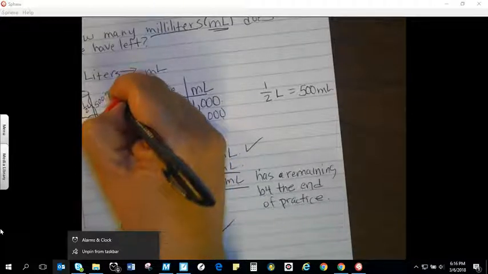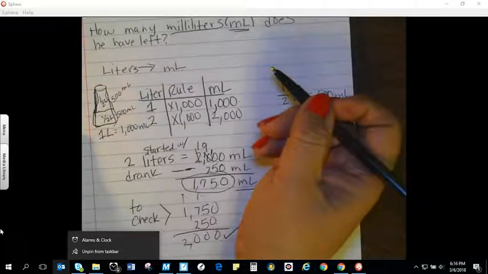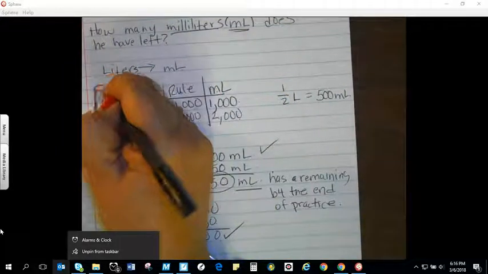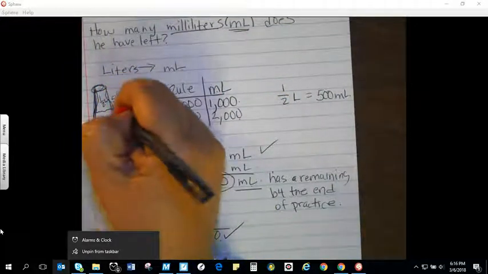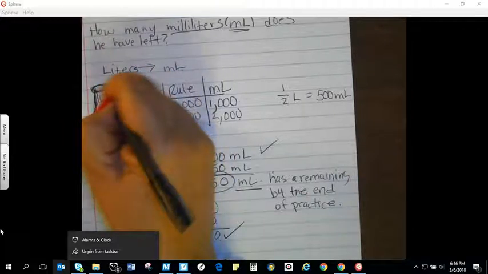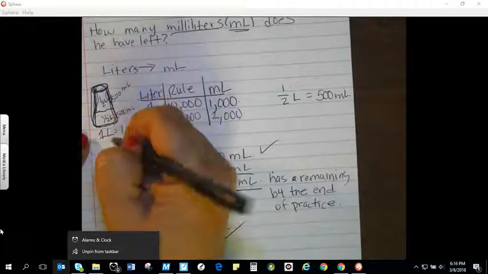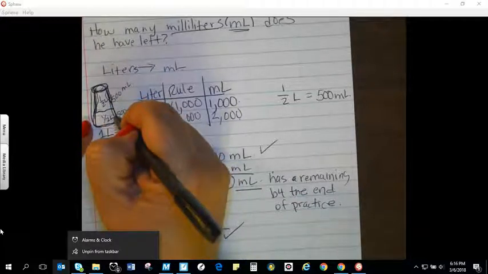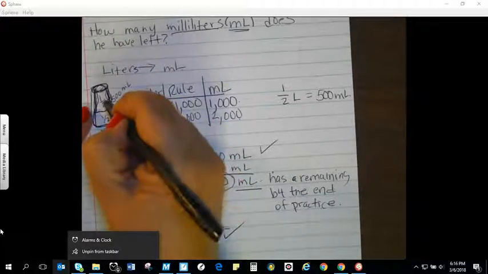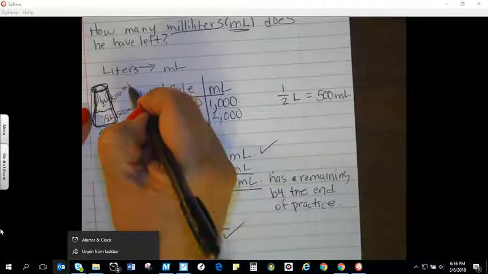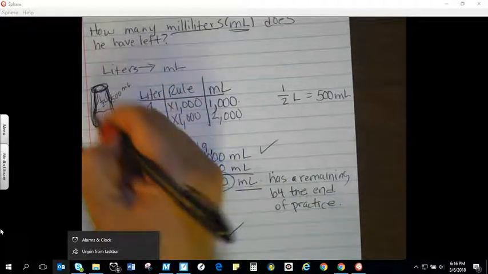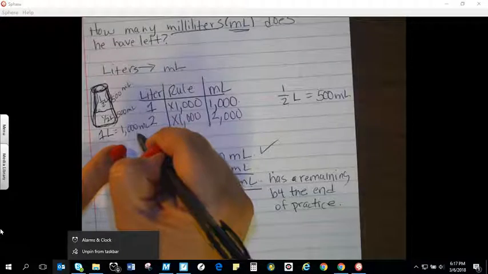Does that help you understand, drawing a picture? So if I cut this in half, if this is 1 liter, this part is a half a liter, which is 500 milliliters. This part is a half a liter, which is 500 milliliters, because 1 complete liter is equal to 1,000 milliliters.